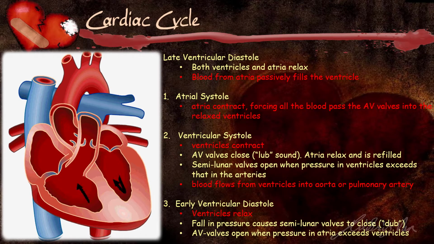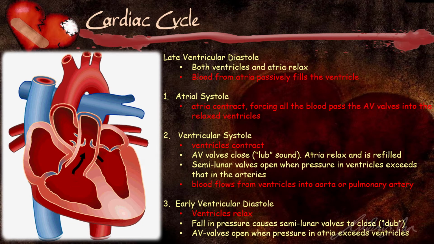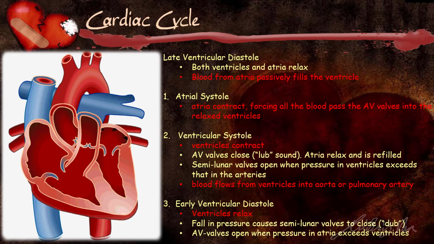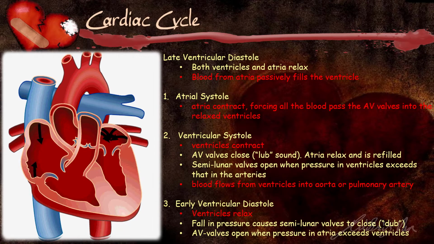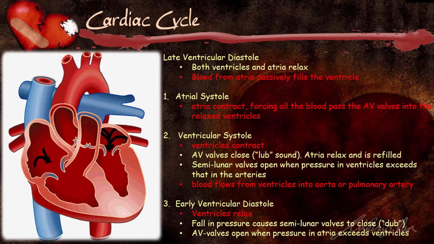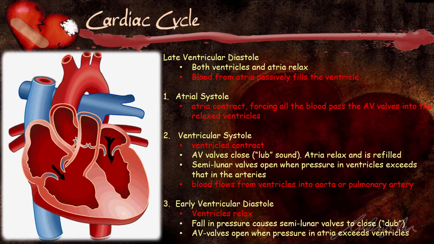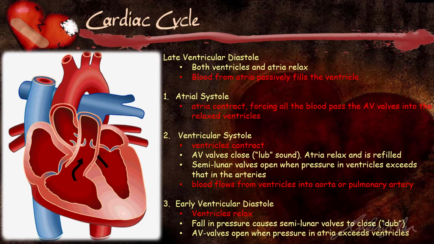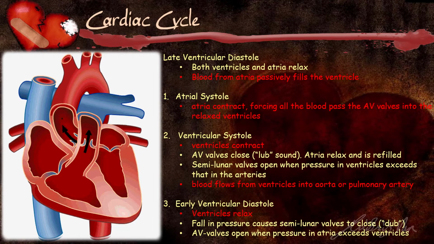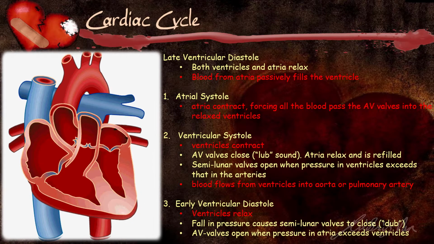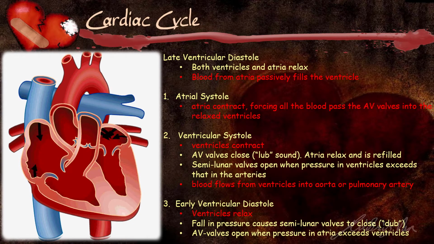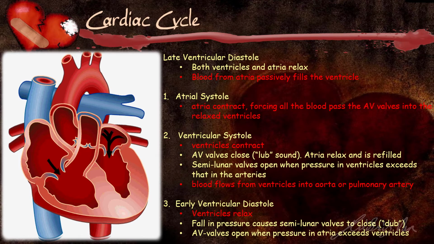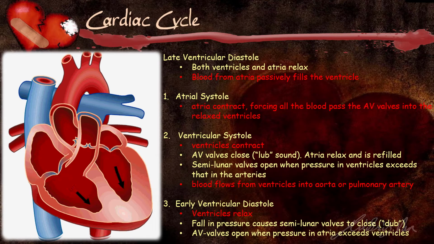Passive filling of the ventricle, then the atrium will contract. This will cause the rest of the blood to flow into the ventricle. Then during ventricular systole, your ventricle contracts, and this contraction of muscle will cause pressure to build up, and when the pressure of the ventricle is higher than that of the atrium, it will close the AV valve.